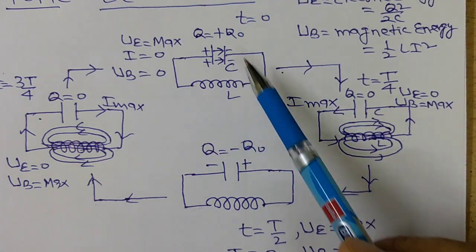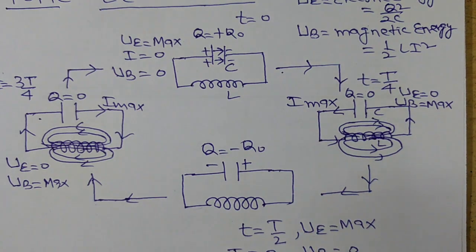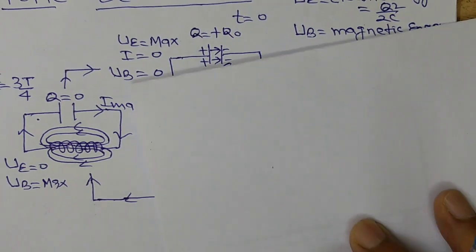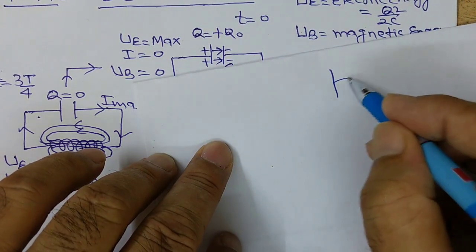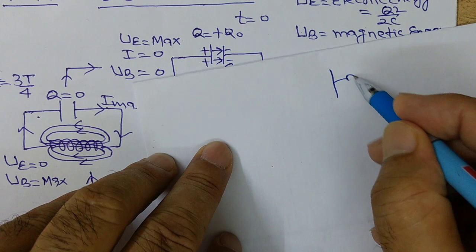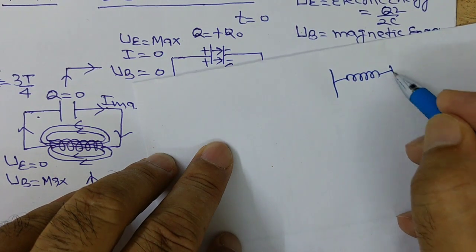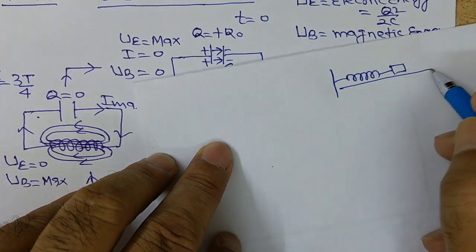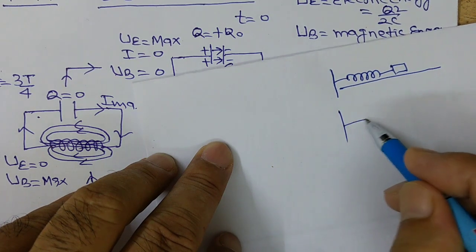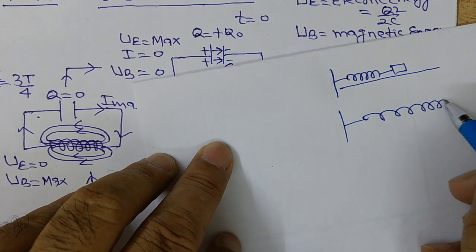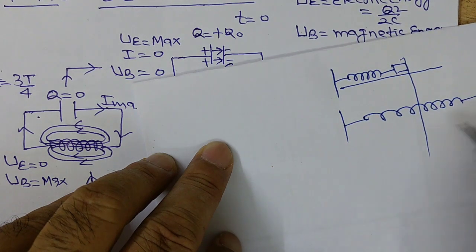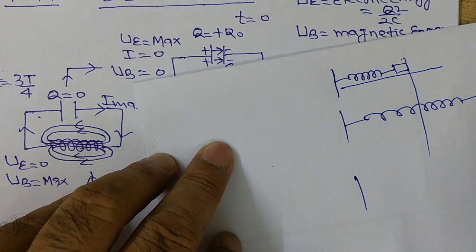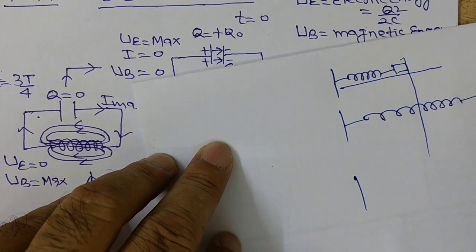between this capacitor and inductor, right? This case is same as this. Suppose a block is attached with a spring, and this block is stretched or displaced through some distance like this, and here the energy stored by the system is potential energy, which is maximum.